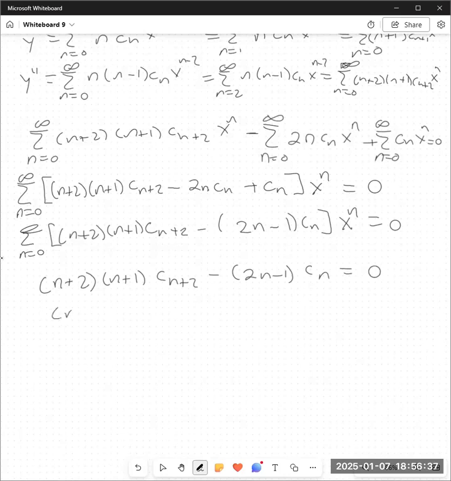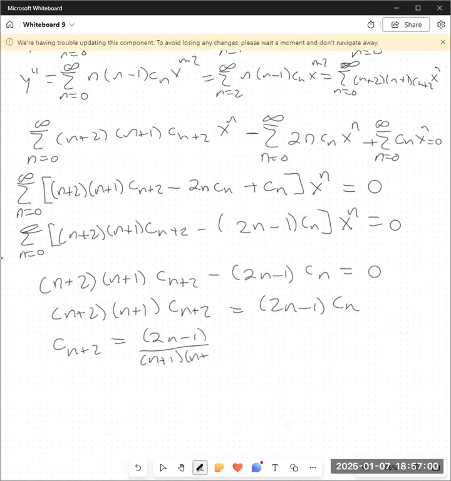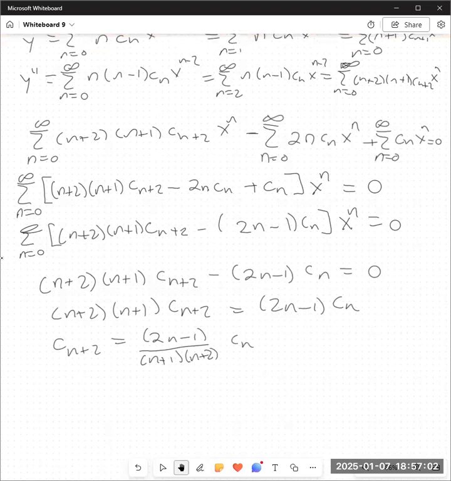Solving for c_{n+2}: (n+2)(n+1) c_{n+2} equals (2n minus 1) c_n. And dividing here, c_{n+2} equals (2n minus 1) over (n+1)(n+2) times c_n.